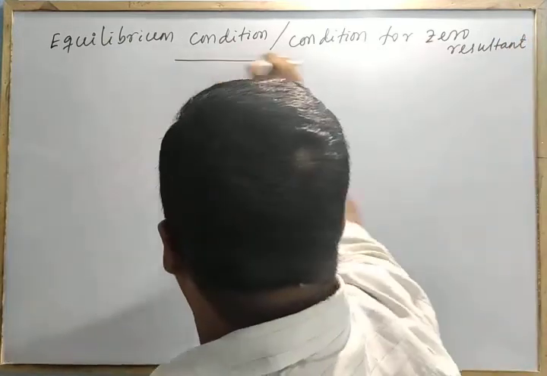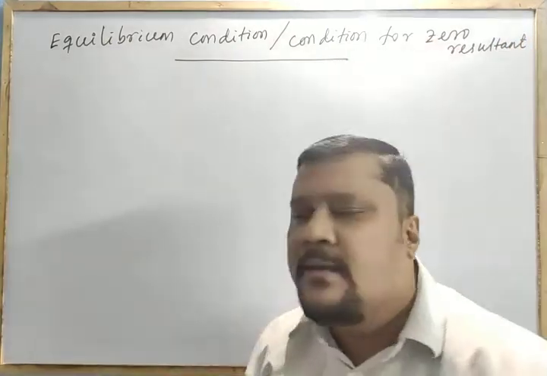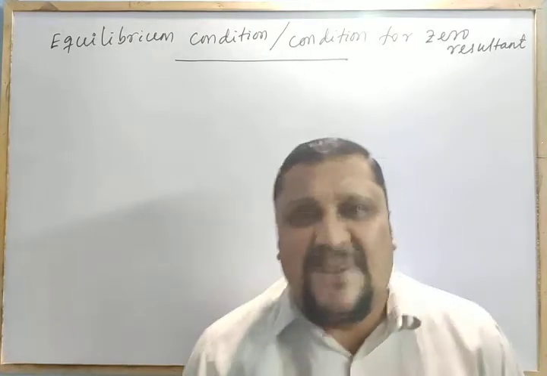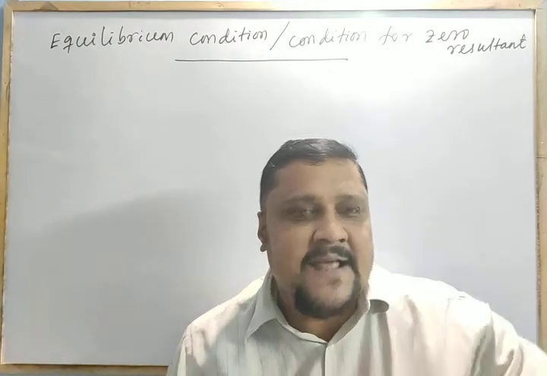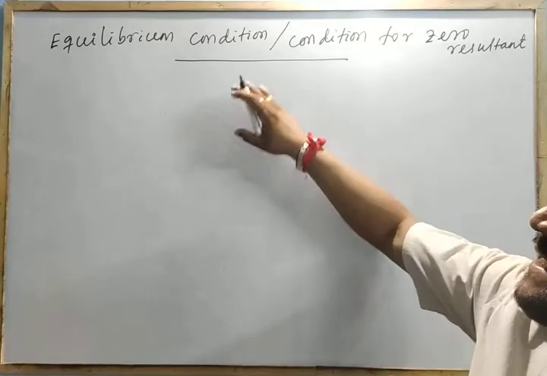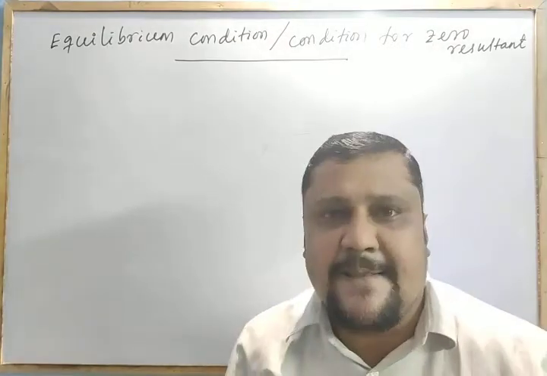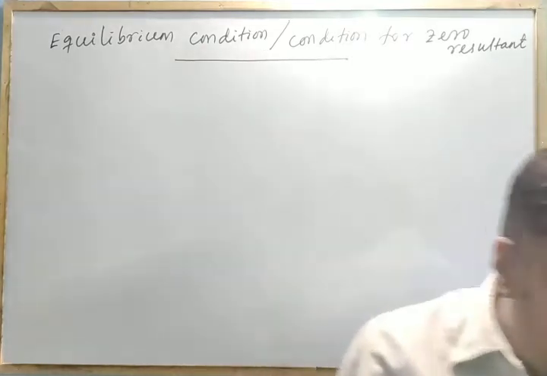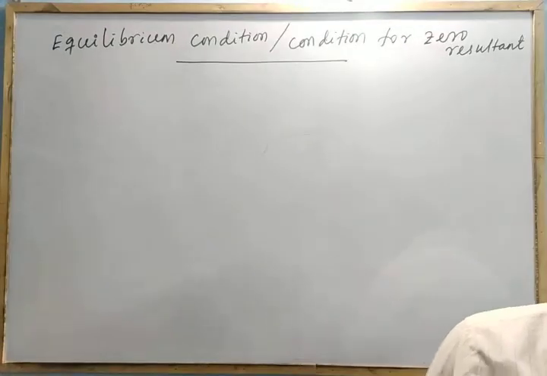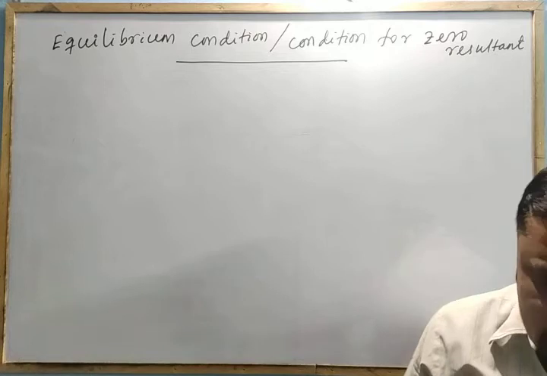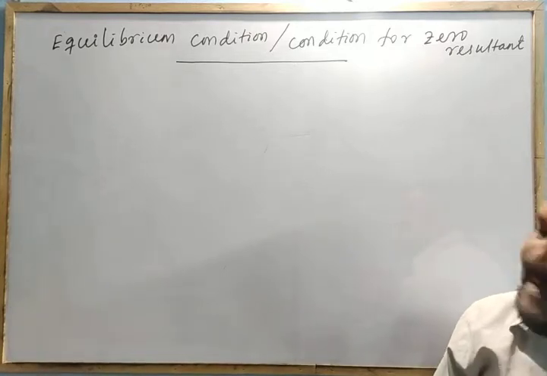A number of vectors are acting, but you are getting resultant zero. That we will discuss here: the equilibrium condition and condition for zero resultant. Before we go to this, think about this.